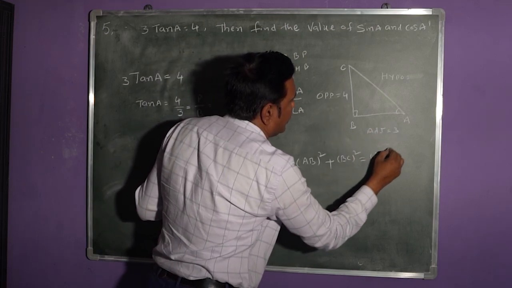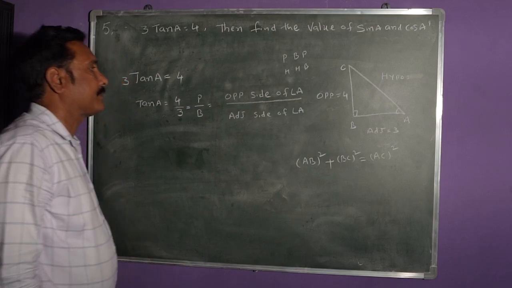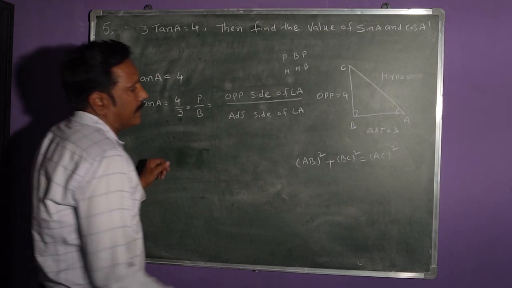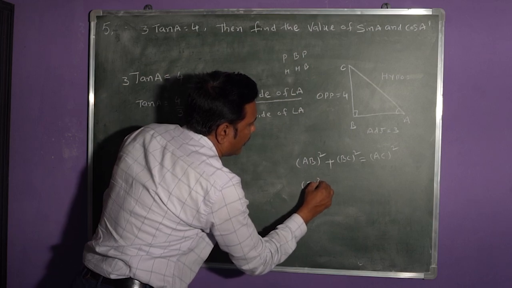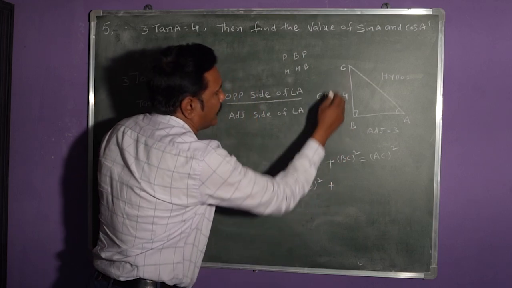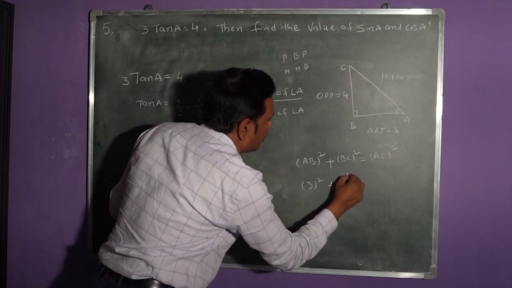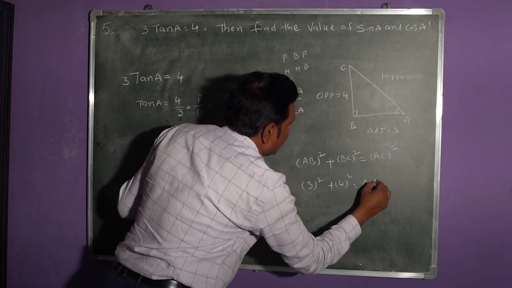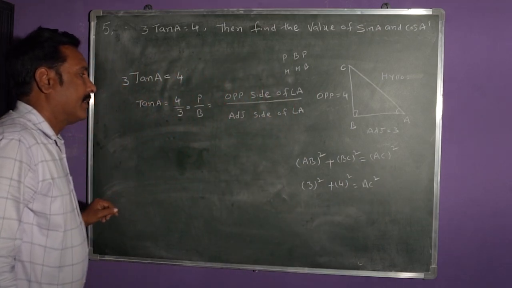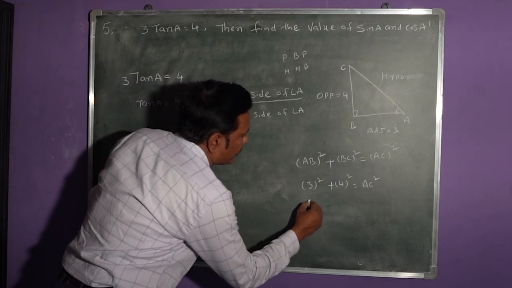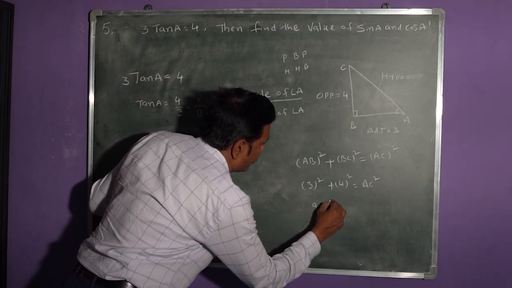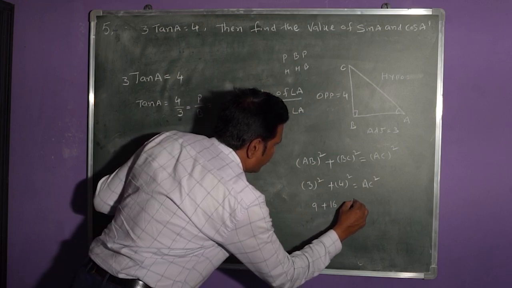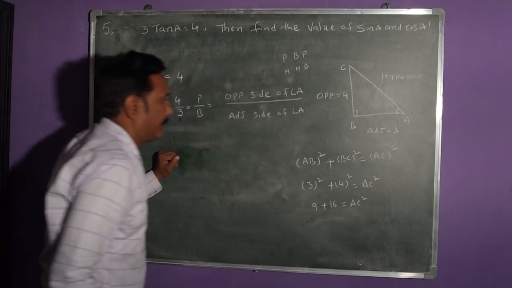Two sides square means AB square, one side, and BC square, the other side. Hypotenuse means AC whole square. Then AB is 3, square, plus BC is 4, square, is equal to AC square. 3 square is 3 into 3, 9, plus 4 square is 4 into 4, 16, is equal to AC square.